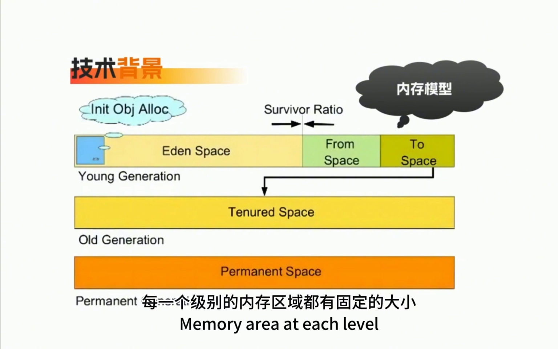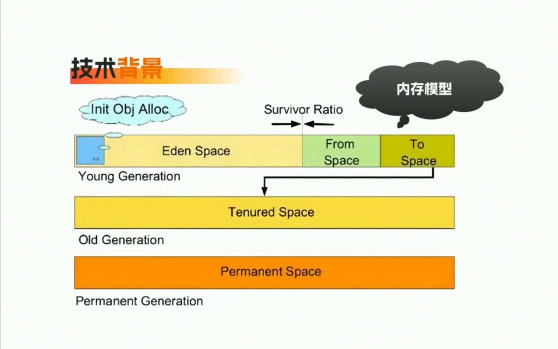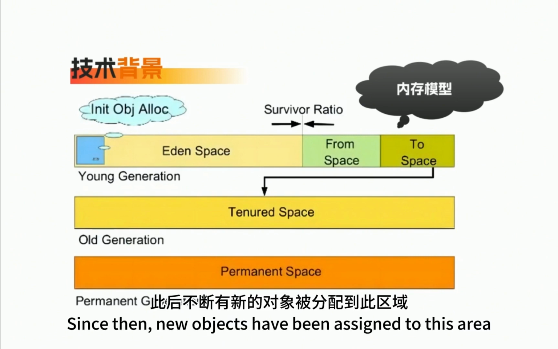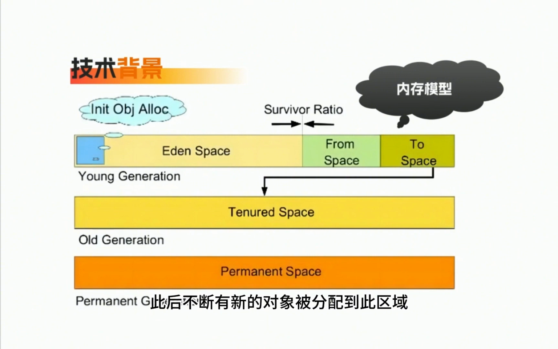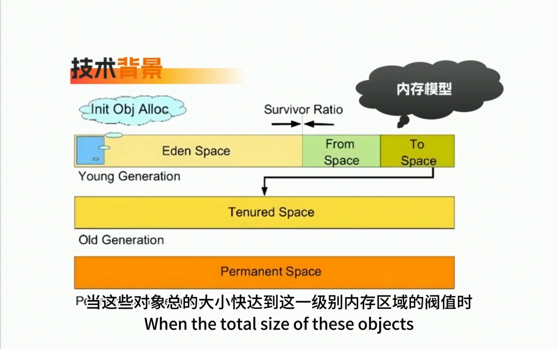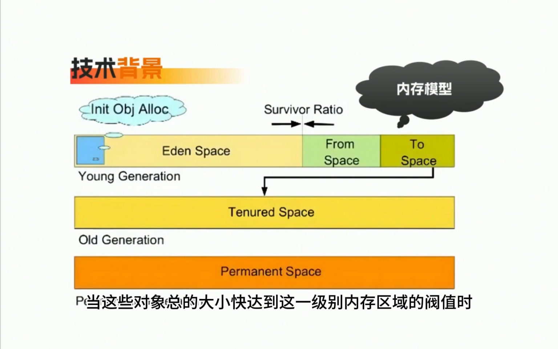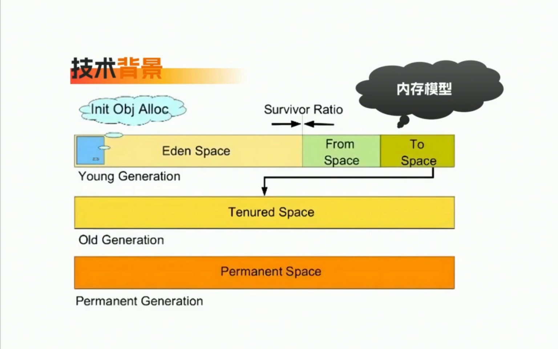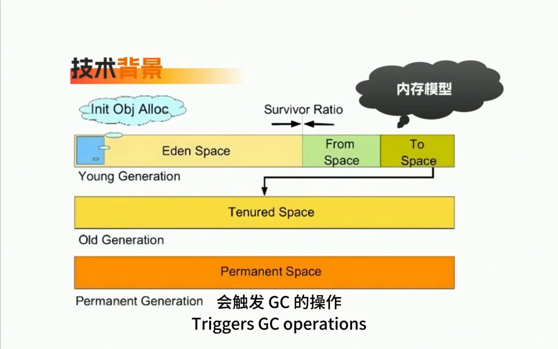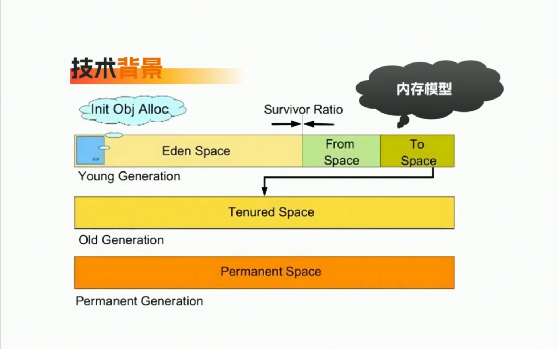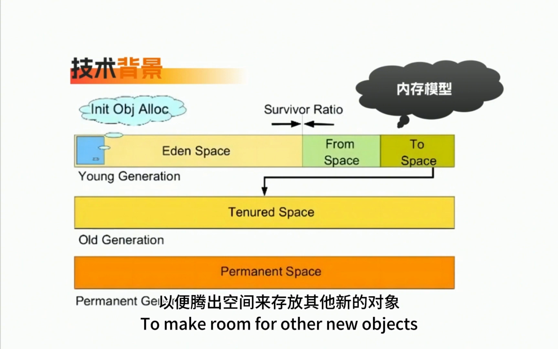The memory area at each level has a fixed size. New objects keep being assigned to this area. When the total size of these objects approaches the threshold for this level of memory area, it triggers GC operations, to make room for other new objects.